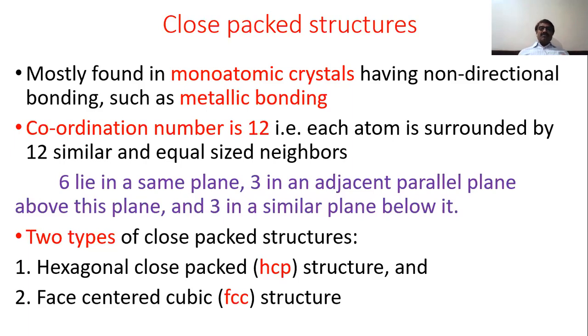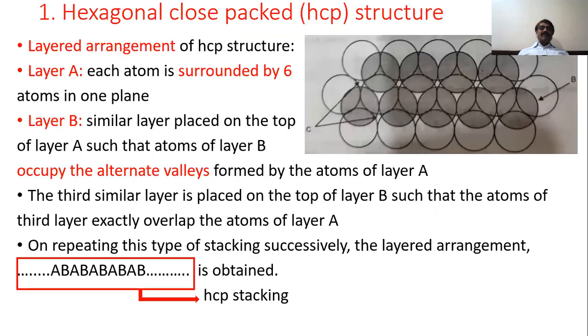Now there are two types of close packed structures, as we have already seen: hexagonal close packed structure, acronym HCP, and face centered cubic structure, acronym FCC. Let us look at the very first one, the hexagonal close packed structure or HCP structure. The layer arrangement in the HCP structure is shown here.